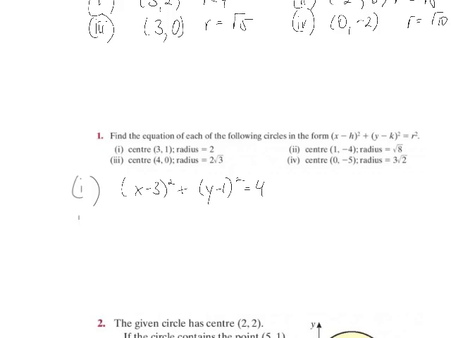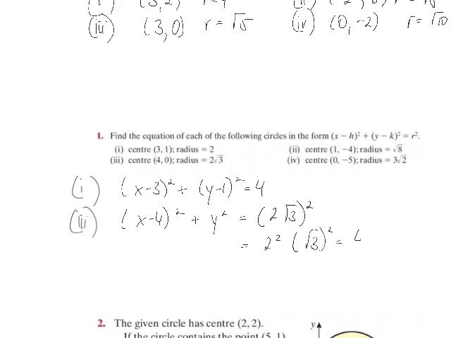And I'm just going to do 3i, and that would be (x - 4)² plus y, and here the k is 0, so we just go y squared, equals the square of 2√3 all squared. That would be 2 squared times √3 squared, which is 4 times, if we square a root, this just disappears, 4 times 3, so that would be 12.